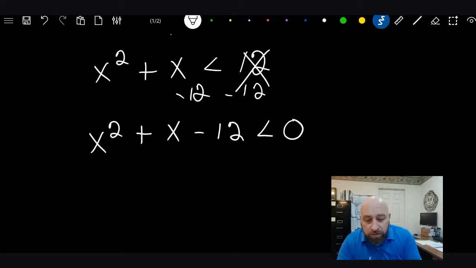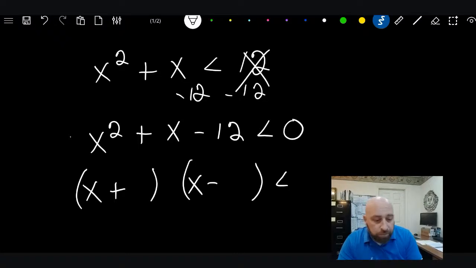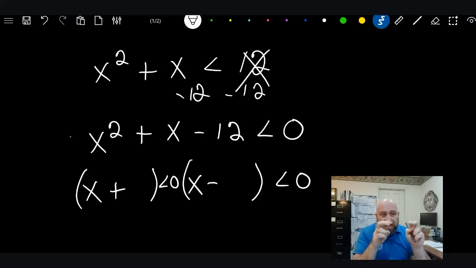So this is going to be plus and minus, and both of these are going to be set equal to 0. Now, it's not an equal sign, but we'll call it set equal to 0. And we're going to factor this -12, and that's going to factor out to 3 and 4. So 4 would be the bigger one since the middle number is positive, and then a 3.